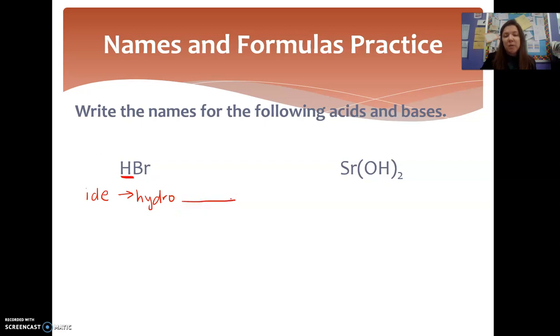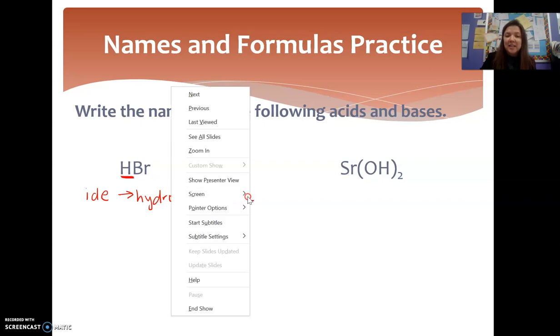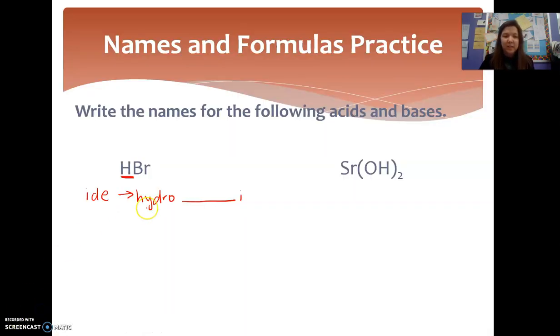And then we change the ide ending to ic. Oh, I got messed up there. Okay, so that would be hydrobromic acid, okay?